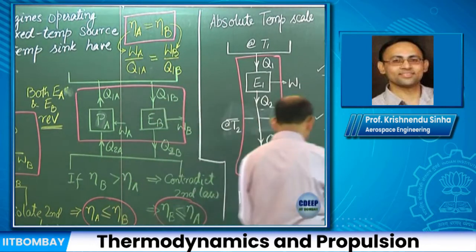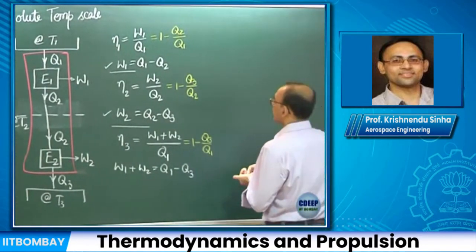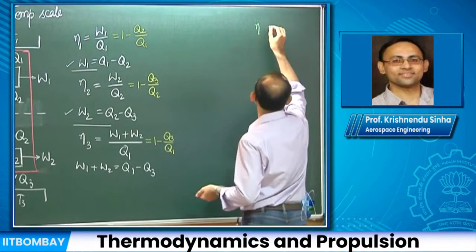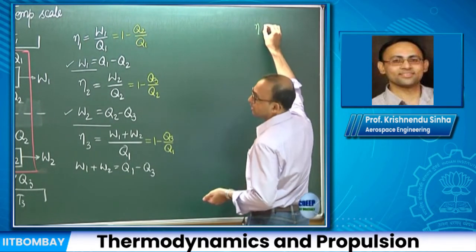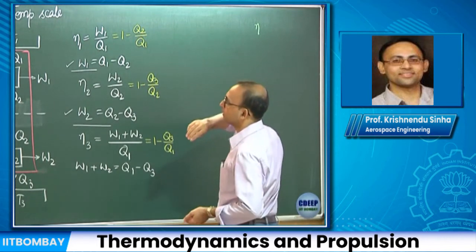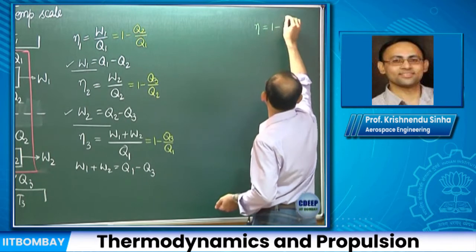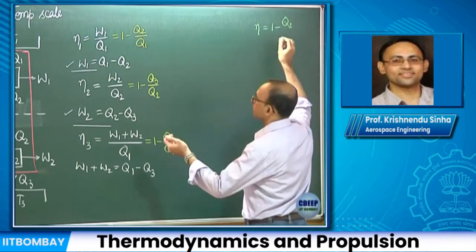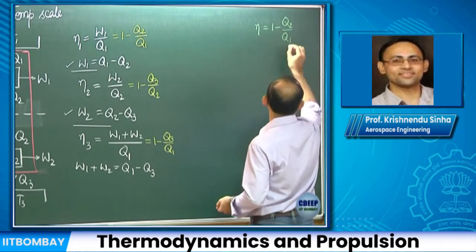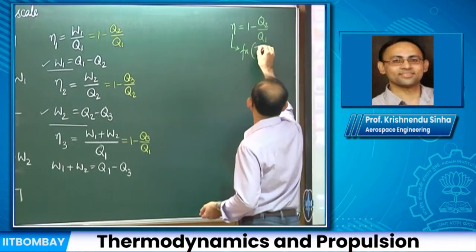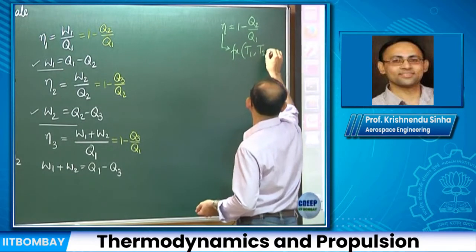Okay, let's do it separately. We say that the efficiency of a Carnot engine, if it is operating between two temperatures, let's say the first one, Q2 over Q1, can be a function of T1 and T2 alone.